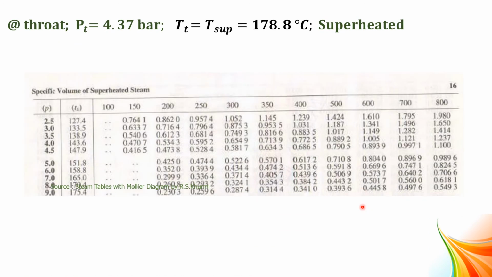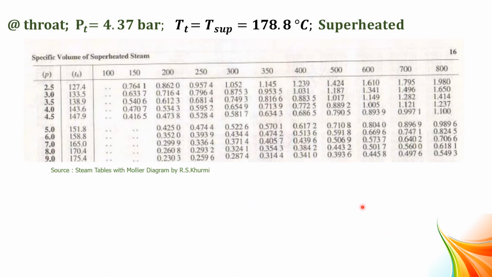Now we have to find the specific volume of superheated steam. For calculating the specific volume, the same procedure we followed previously for specific enthalpy has to be followed here also. Corresponding to a pressure of 4.37 bar and temperature 178.8 degrees centigrade, we have to find the specific volume.